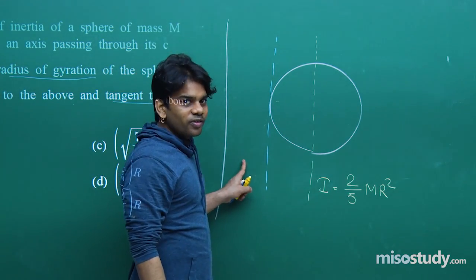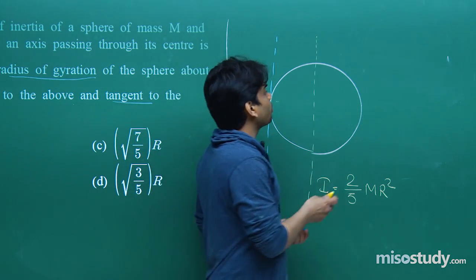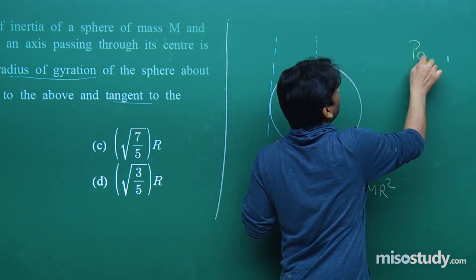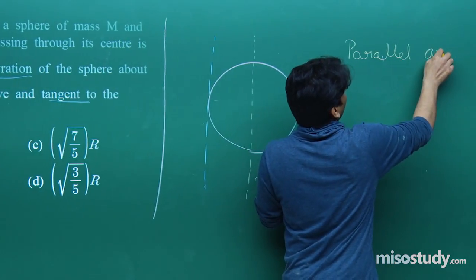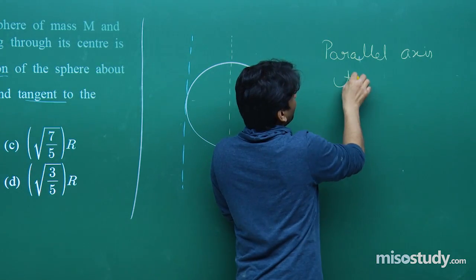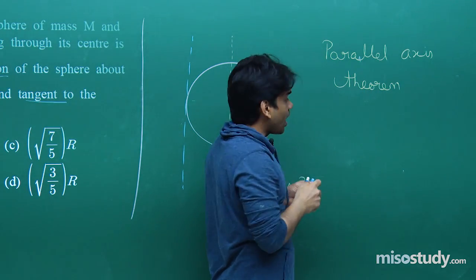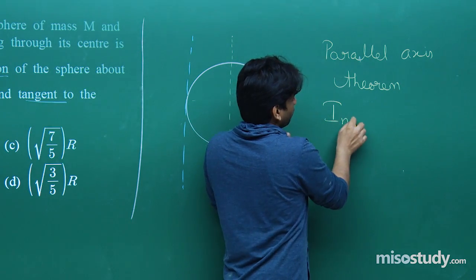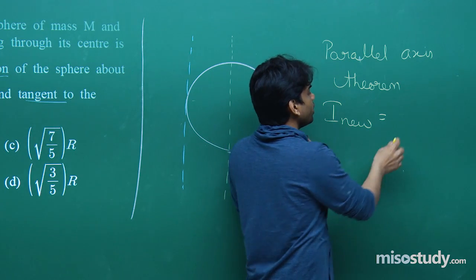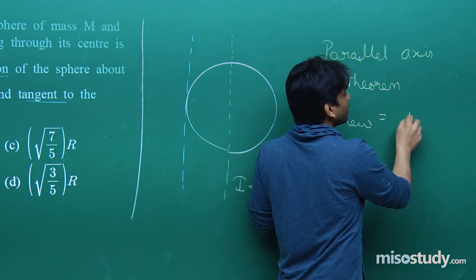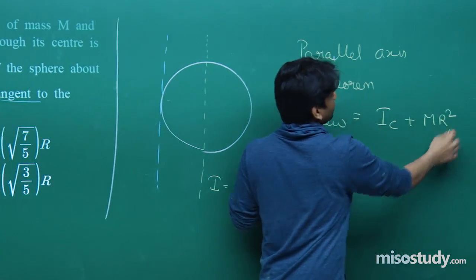So I hope that you have understood what theorem to apply here. We have to apply the parallel axis theorem. The moment of inertia I about the axis passing through the tangent will be equal to I for the center of mass, plus MR square.